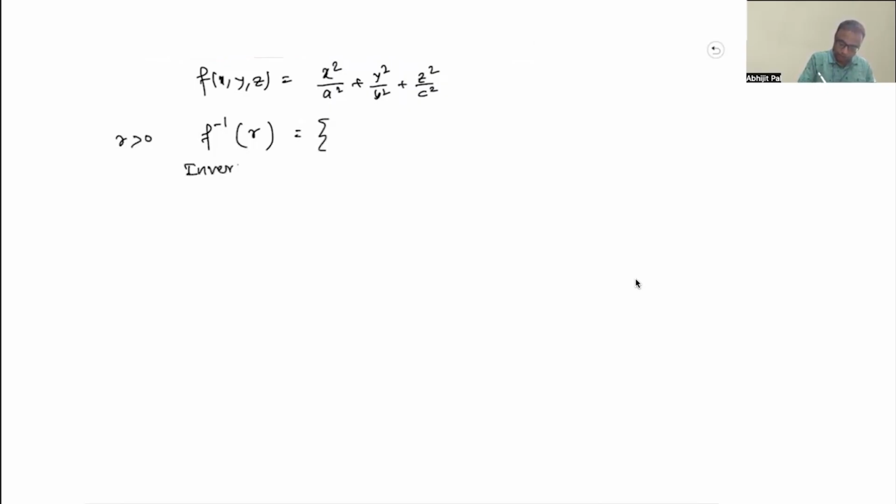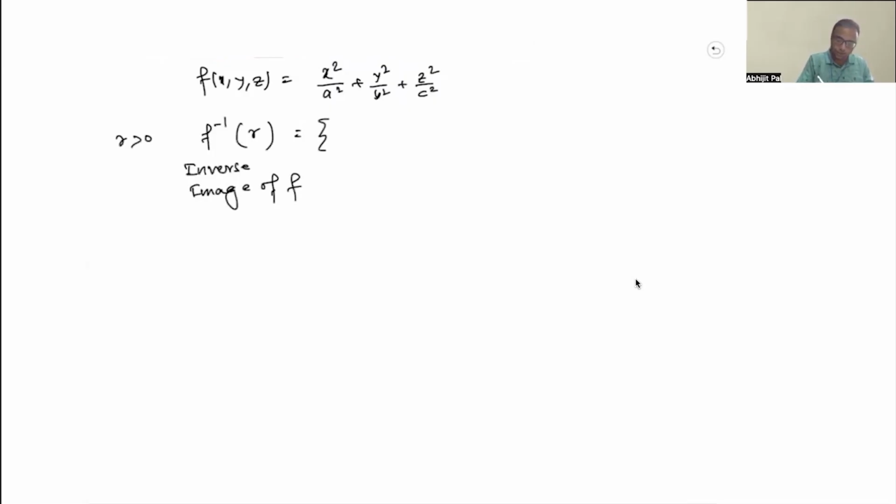So now, for this function, let us take the inverse image of any positive number r greater than 0. So this is the inverse image. Note that this f inverse is just a notation. It doesn't mean that f is a bijection.